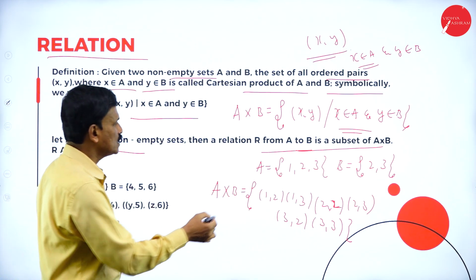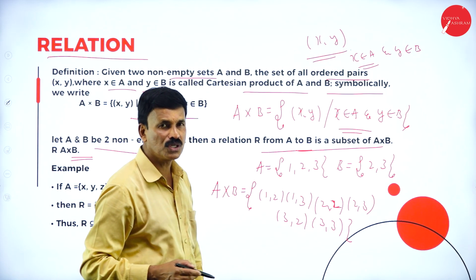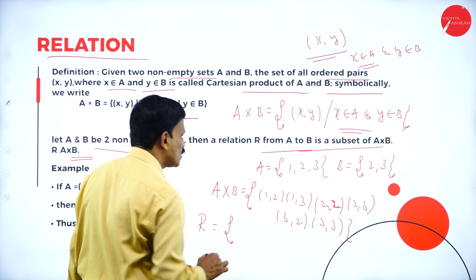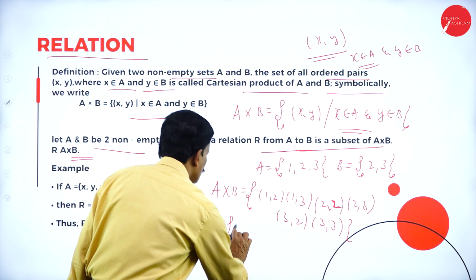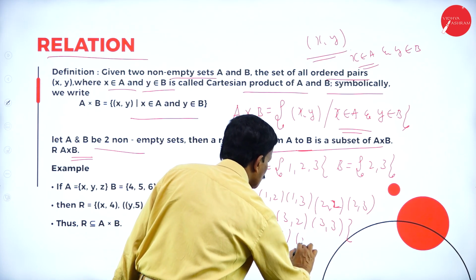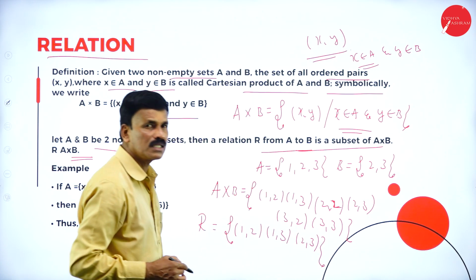Now, let us consider this example. If A is equal to {1, 2, 3} and B is equal to {2, 3}, and if I take R equal to {(1, 2), (1, 3), (2, 3)}, these three elements are called the relation.